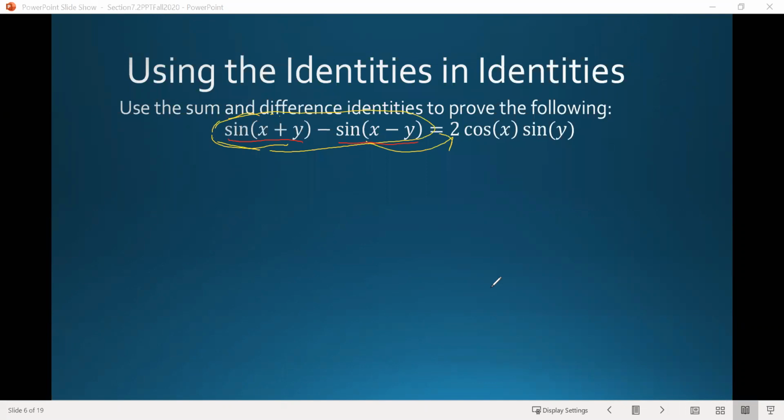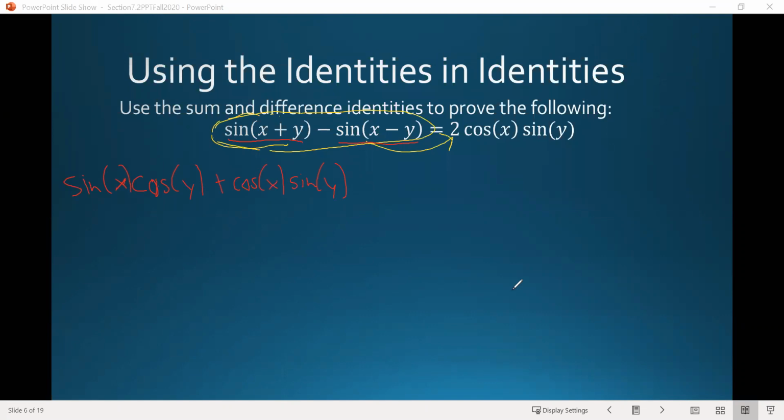And using that identity that we have, we can rewrite that as sine of x times cosine of y. I apologize that these letters are not all showing up. There we go. Plus cosine of x times sine of y. Okay, so that is the first part.